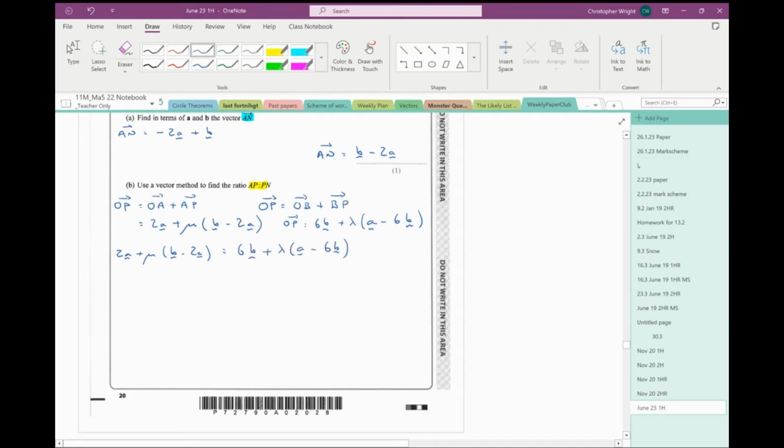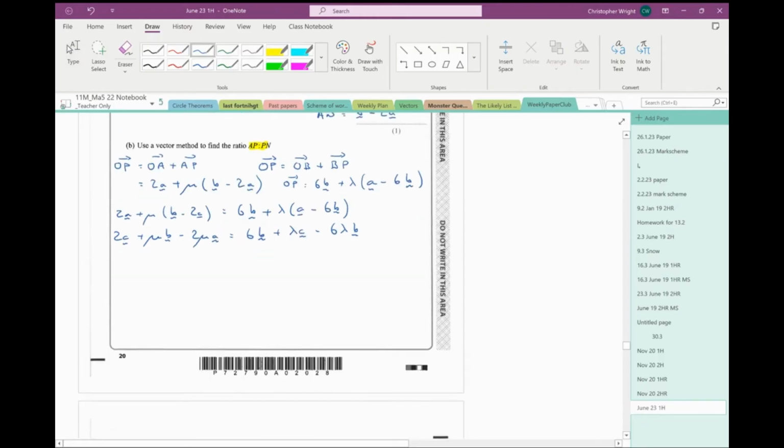Let's multiply out those two brackets. And then in a moment, we're going to put the coefficients of A and the coefficients of B equal to each other. Now, on the left-hand side here, let's just make sure we don't make any mistakes.